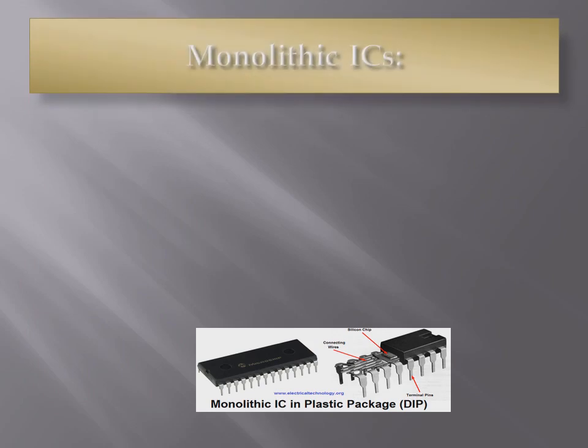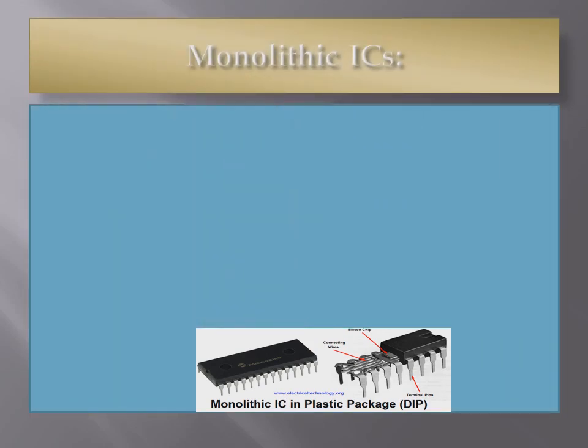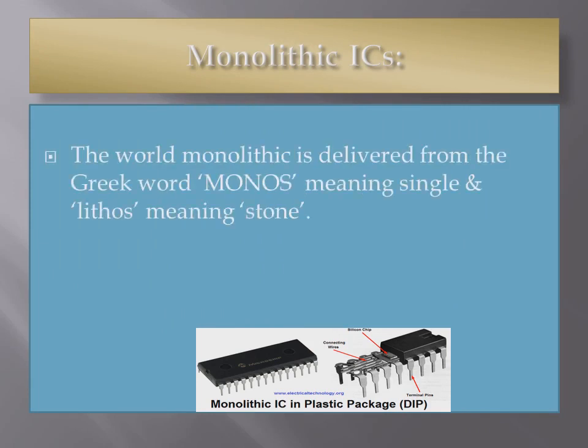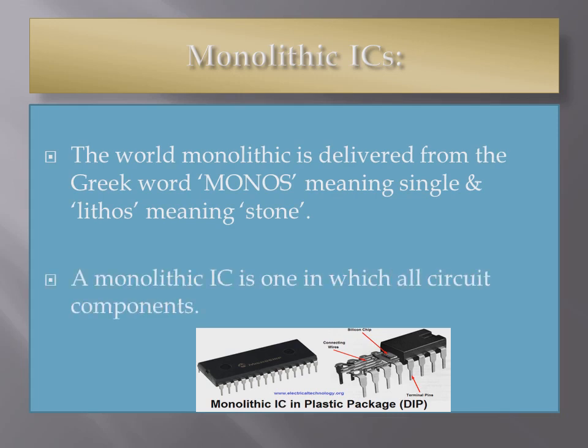Monolithic IC: the word monolithic is derived from Greek words. Monos means single and lithos means stone. A monolithic IC is one in which all circuit components, both active and passive, are formed together. These monolithic ICs possess a higher order of reliability.